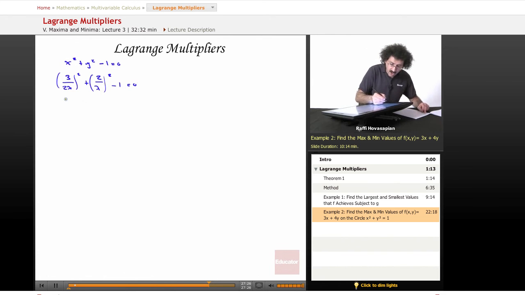Let's work all of this out: 9 over 4 lambda squared plus 4 over lambda squared minus 1 equals 0. We're not going to leave anything out here. I'm going to multiply through by 4 lambda squared, I think. No, just 4.